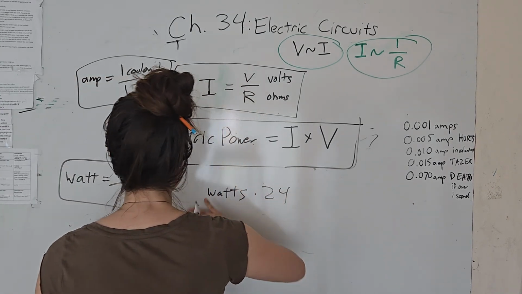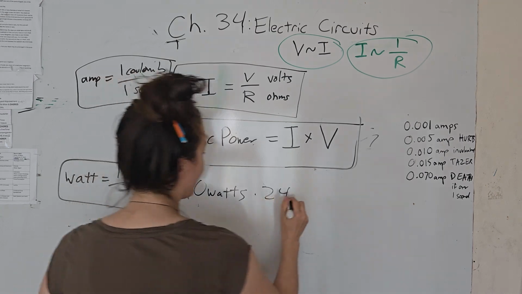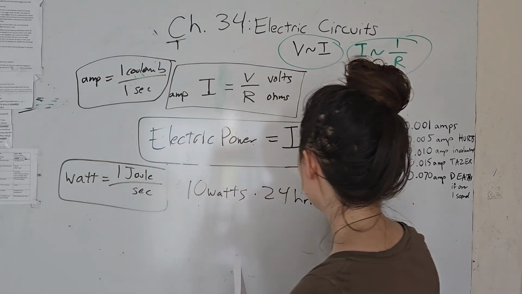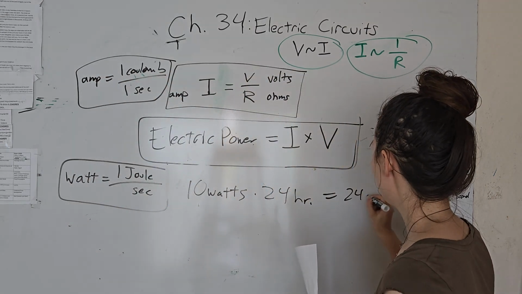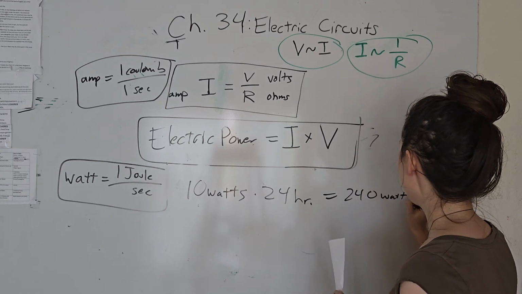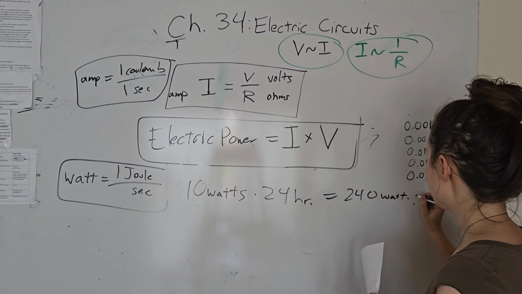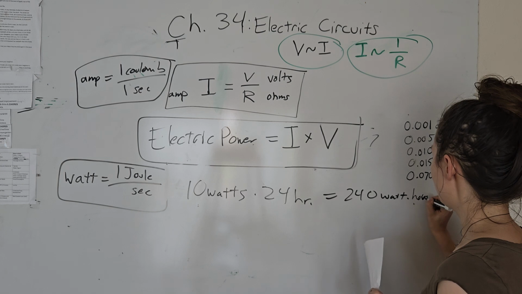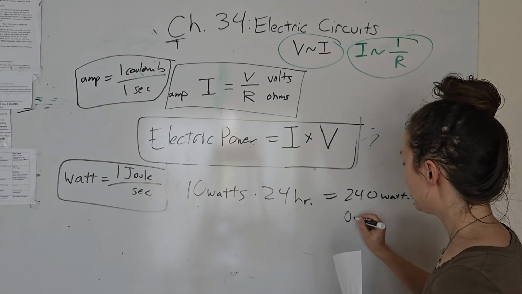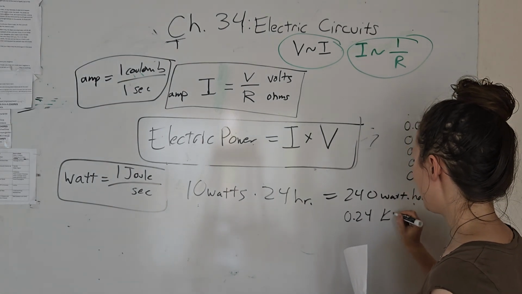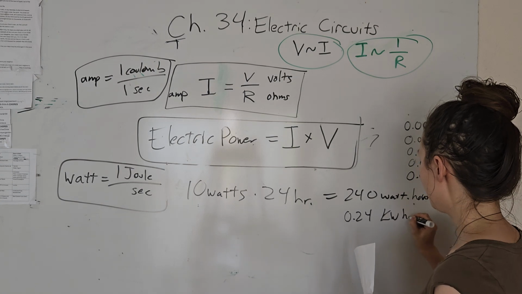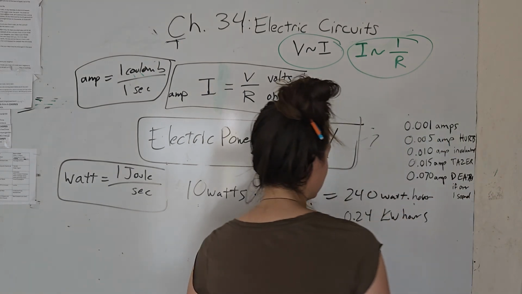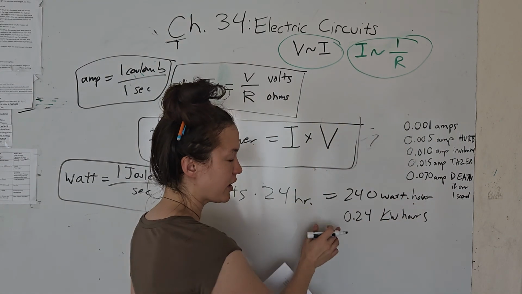Let's make that 10 watts, just to make it easy on myself. 24 hours, so I have 240 watt hours. Now, power companies like to put things in kilowatt hours, so 240 watt hours becomes 0.24 kilowatt hours. And my power company in the summer charges me 14 cents per kilowatt hour.